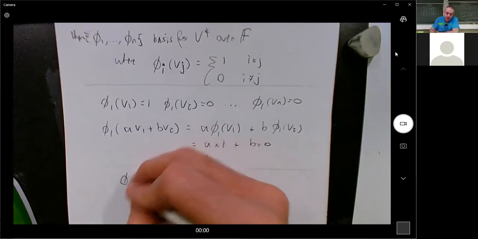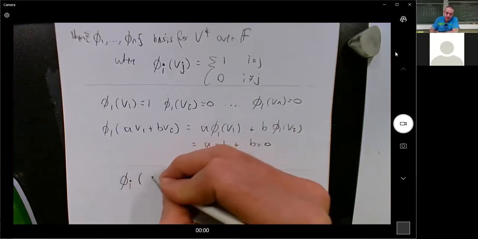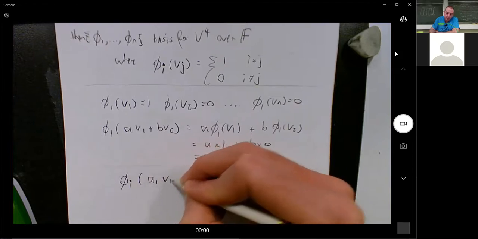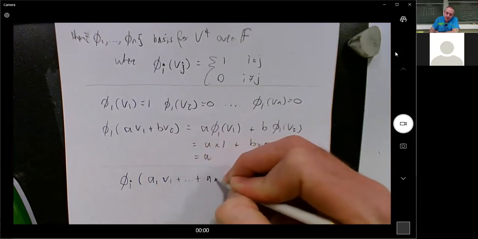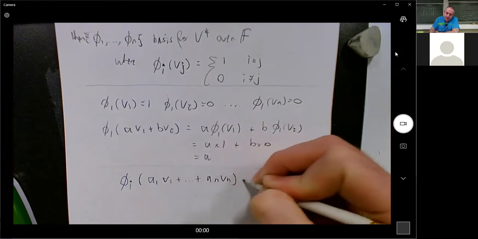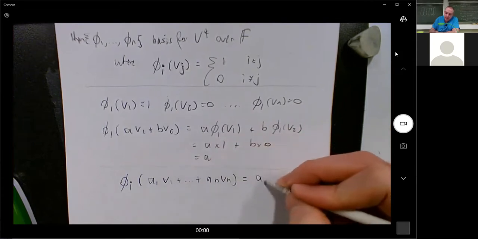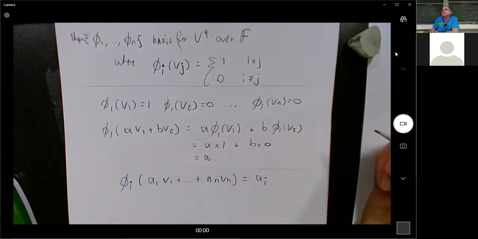So phi I of A1 V1 plus A n Vn is AI. They tell you what the ith coordinate is.